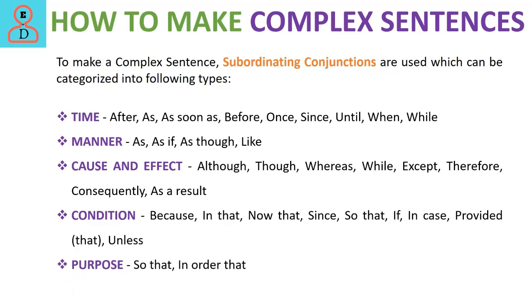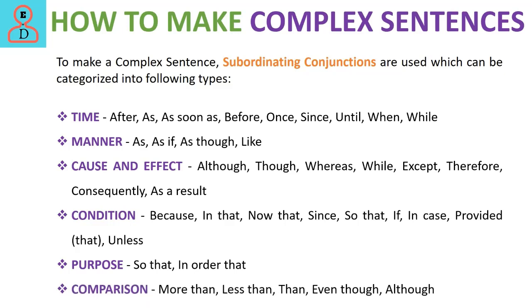In this type, the independent part of the sentence is some kind of action which is done to achieve a purpose, which is the dependent part of the sentence. And the last type is comparison. As the name suggests, here two things are compared to make a complex sentence. The most common word used to make comparisons is than.